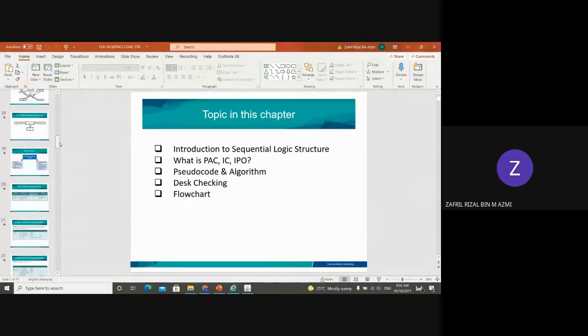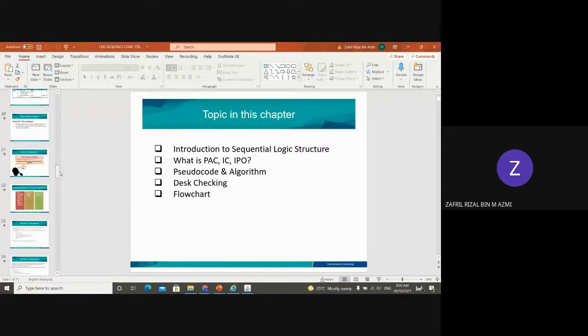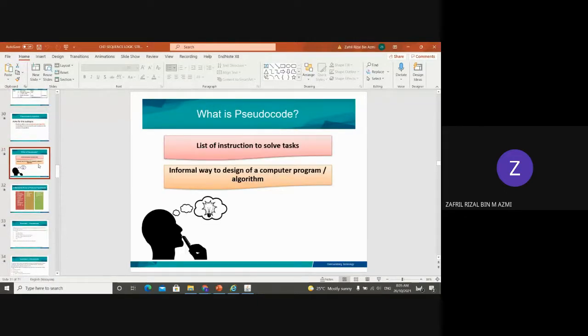Right, so we are going to start with the pseudocode. Pseudocode and algorithm lah. Don't get confused, class. Maybe those who already took computer science subjects during your foundation or school time, maybe you use the term pseudocode to represent algorithm.